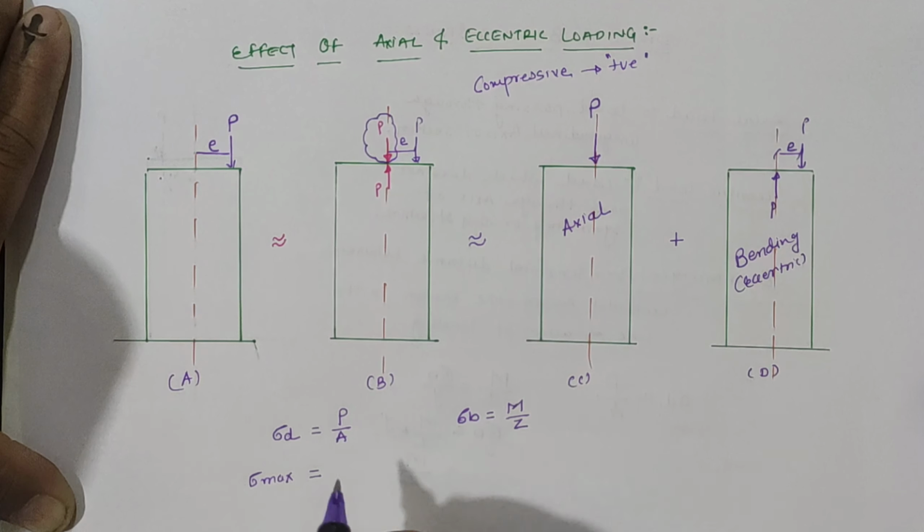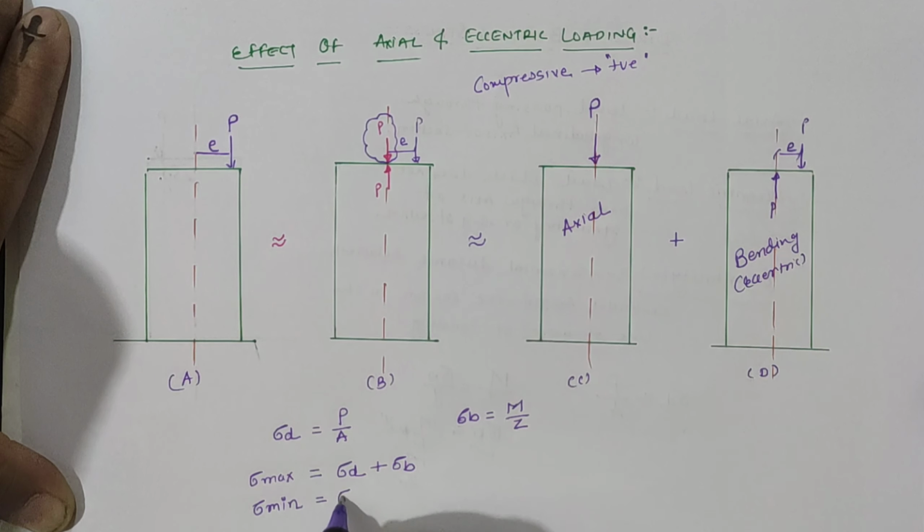Hence total stress can be written as direct stress plus bending stress, while the minimum value for the total stress is direct stress minus bending stress.